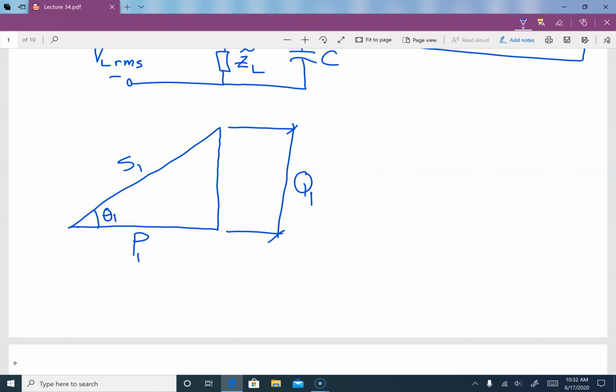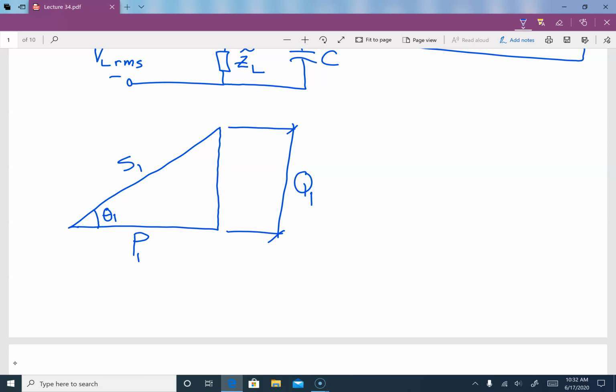Now, if we would like to correct this power factor, that means we have to decrease the angle theta 1, because when the angle becomes 0, then cosine 0 is 1, which is the power factor. In this case, it will be unity, and that is the desired value, or the best value, let's say.